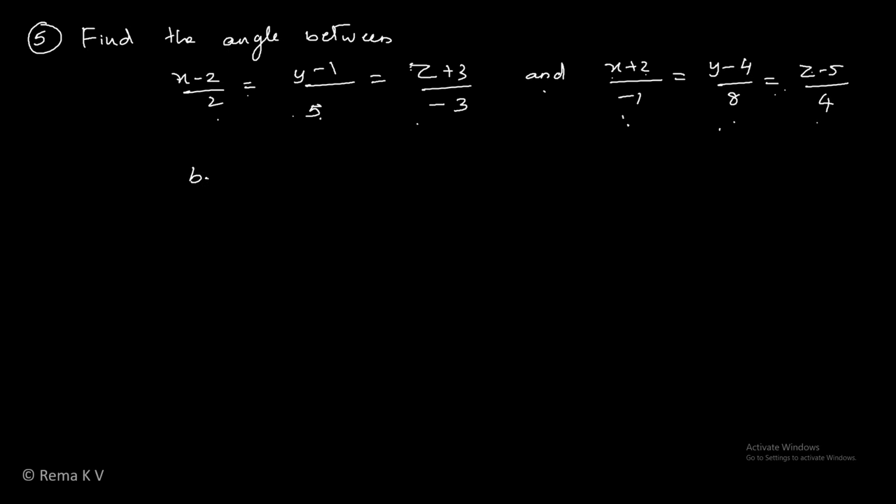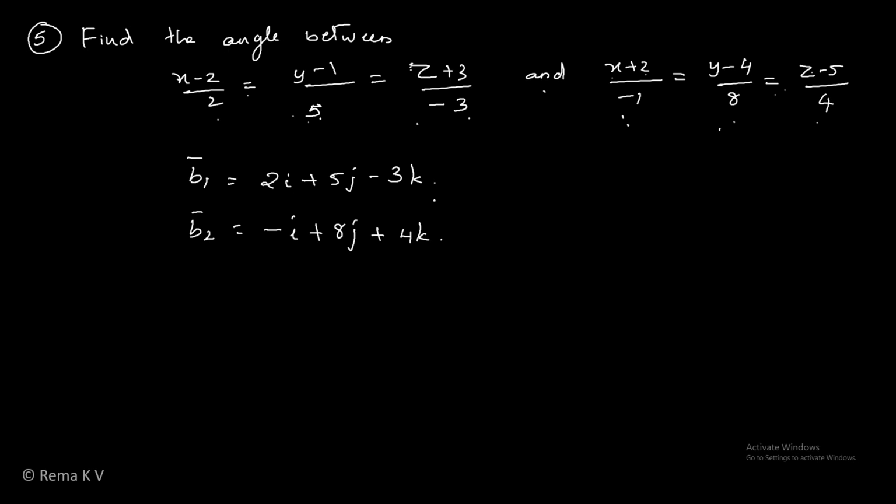So which are the parallel vectors here? It is 2i plus 5j minus 3k is the first one, and the second parallel vector is minus i plus 8j plus 4k.